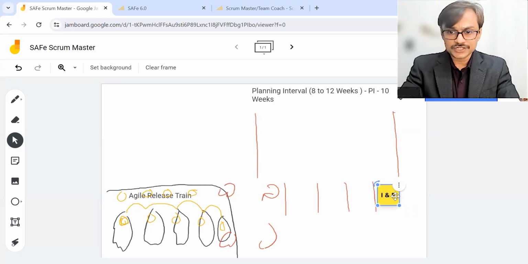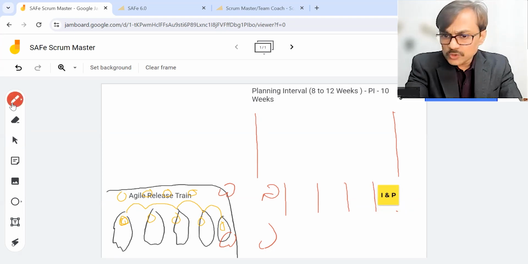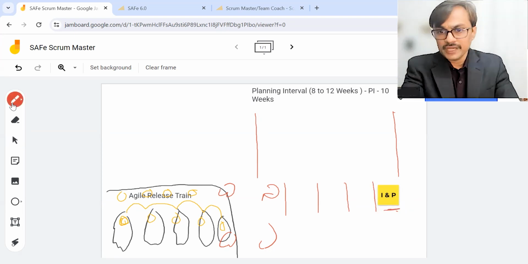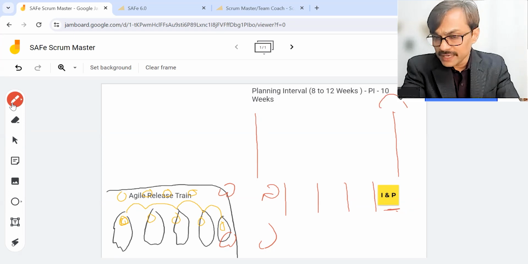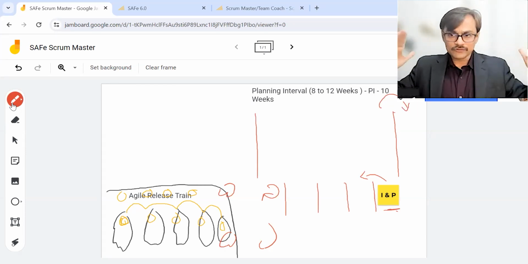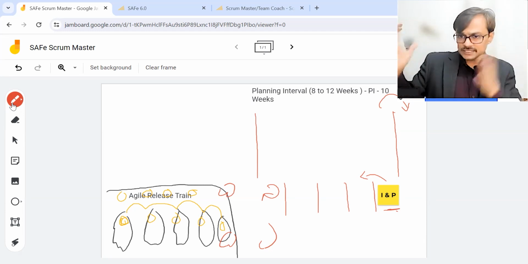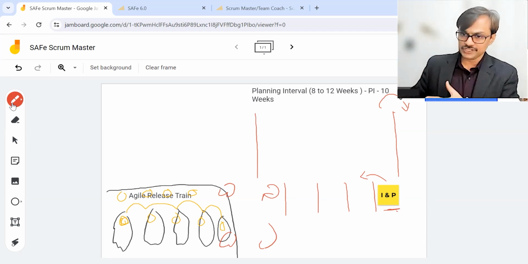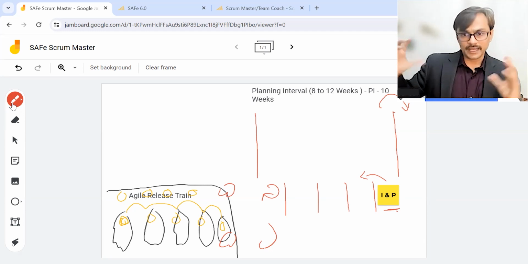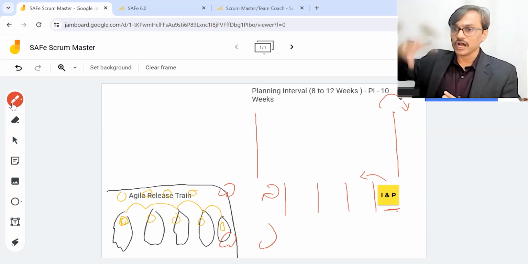You can assume this as a bridge iteration. It does a lot of work for the upcoming PI, and it also does some cleaning work for the previous PI. So we take a kind of bridge zone or transitioning zone where we fix and demonstrate what we have achieved in our previous PI, and plan and get ready for the upcoming PI.